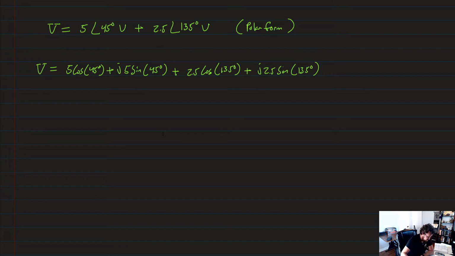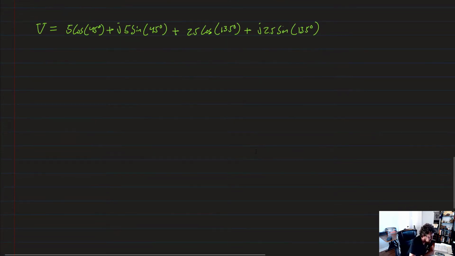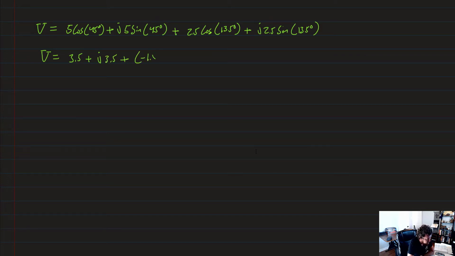Now if we go and crunch up these numbers in the calculator, we get V is equal to 3.5 plus j 3.5 plus negative 1.8 plus j 1.8.